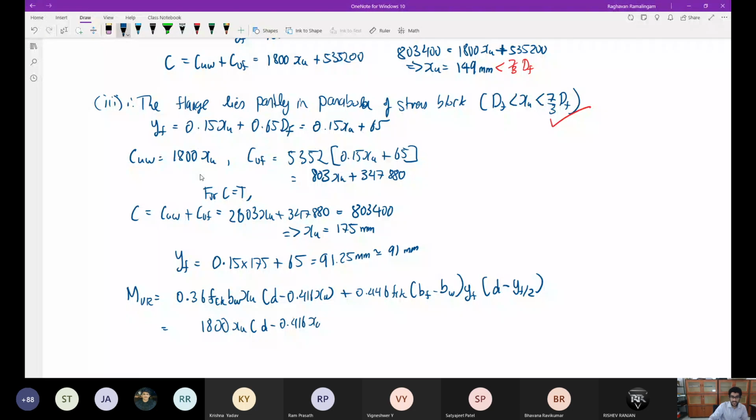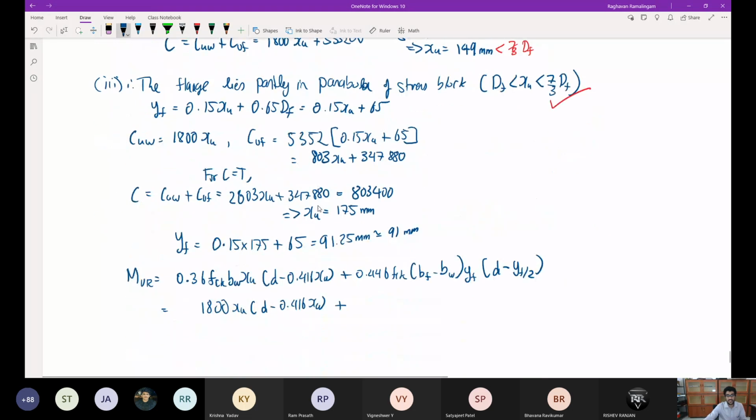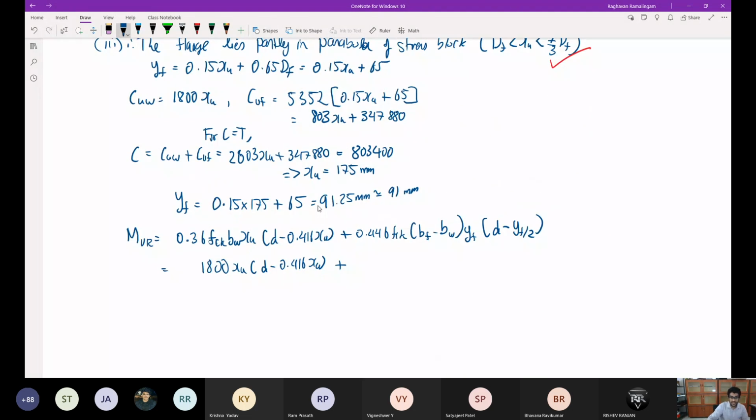And this part we found is nothing but 5352 YF into D minus YF by 2. Everything here is known to us.